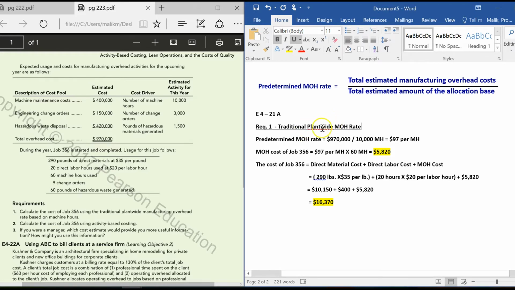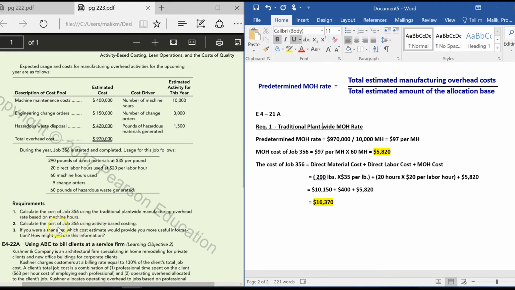Now we're going to do the same thing, but instead of using one plant-wide manufacturing overhead rate, we will be using different rates for different activities. That means we're going to use our activity-based costing system, which is requirement number 2.